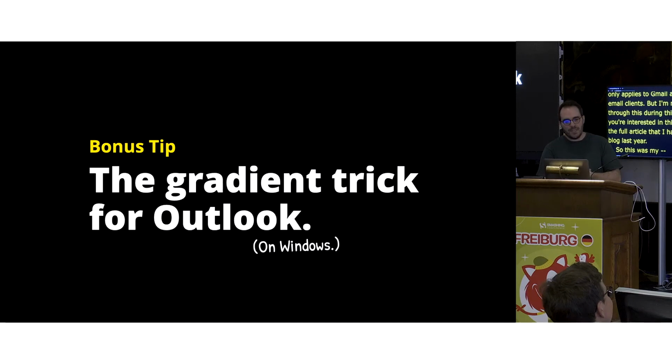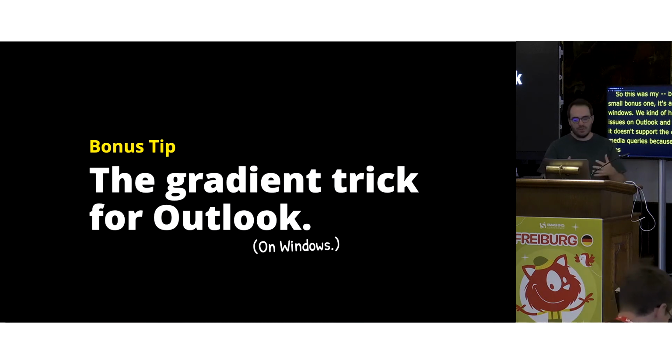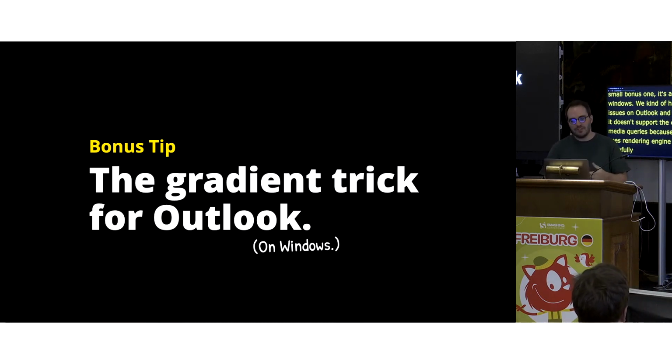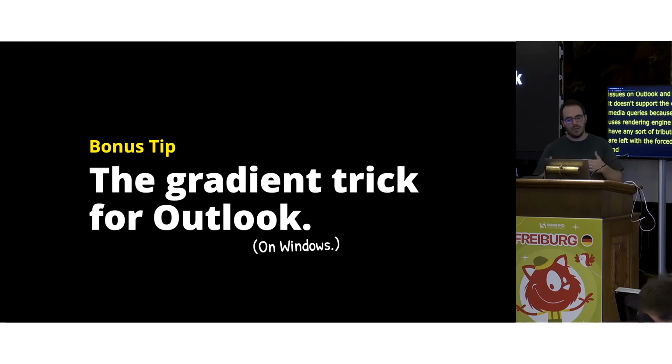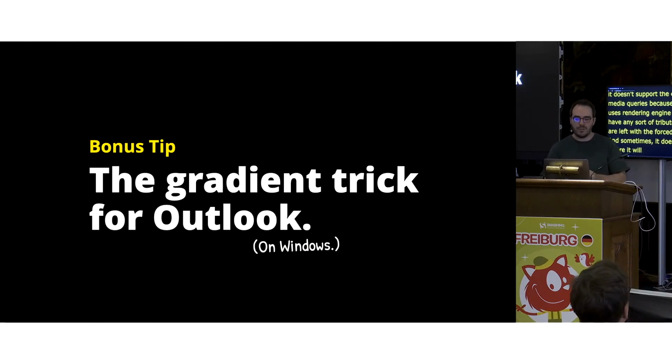It's the gradient trick for Outlook on Windows. We have some similar issues on Outlook on Windows, where it doesn't support the dark mode media queries, of course, because it uses Word's rendering engine, and it doesn't have any sorts of custom attributes. So we're left with the forced dark mode, and sometimes it does it wrong, where it will invert some colors that were already dark.